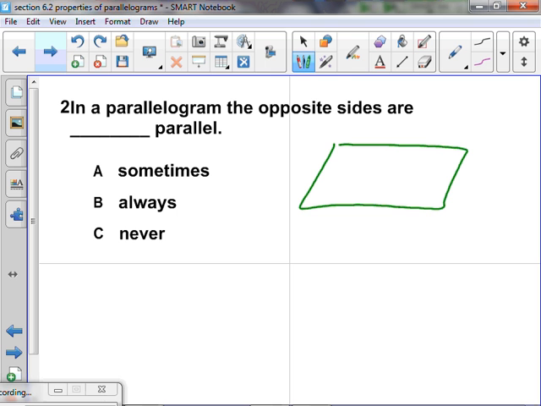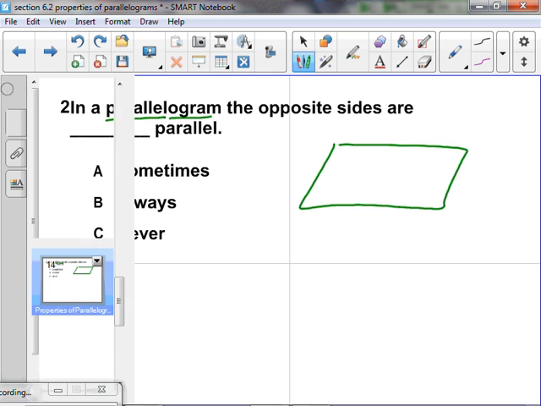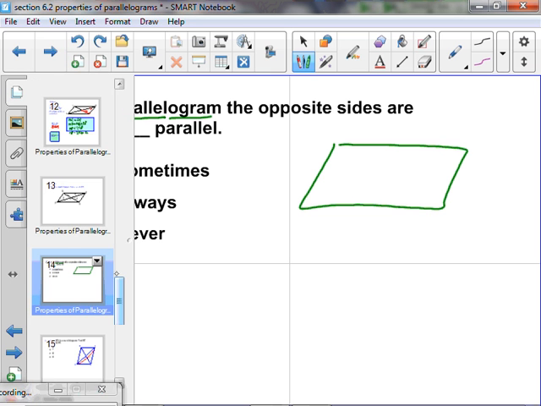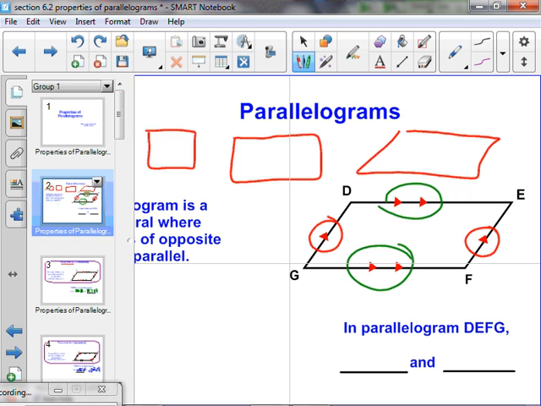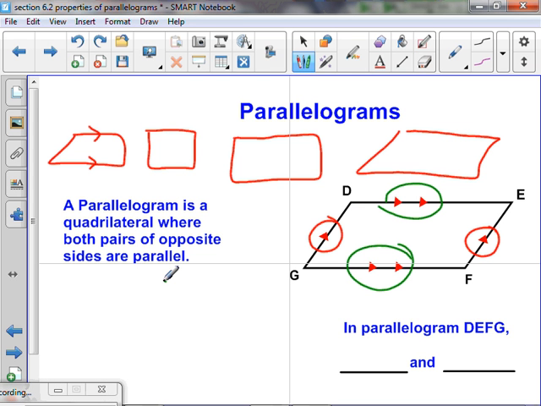Okay, well, one way we can do it is think about it. It's a parallelogram, so opposite sides are probably often parallel. But the other thing we can do is just go back to our definition from slide 1, or from slide 2. A parallelogram is a quadrilateral where both pairs of opposite sides are parallel.